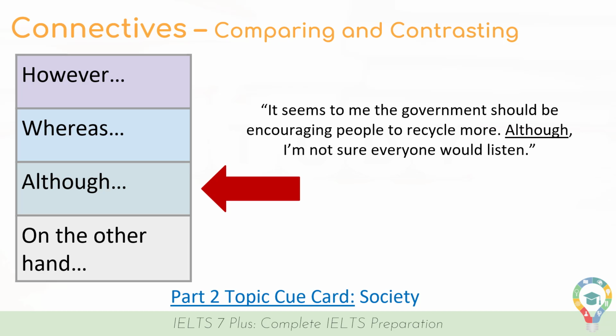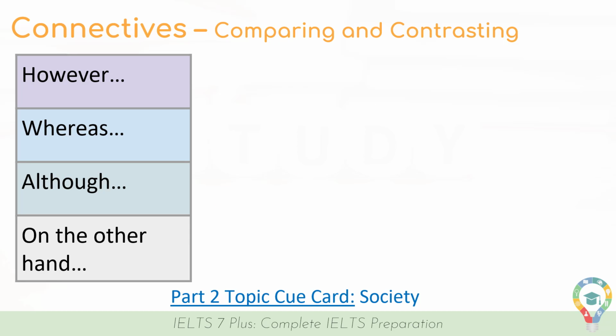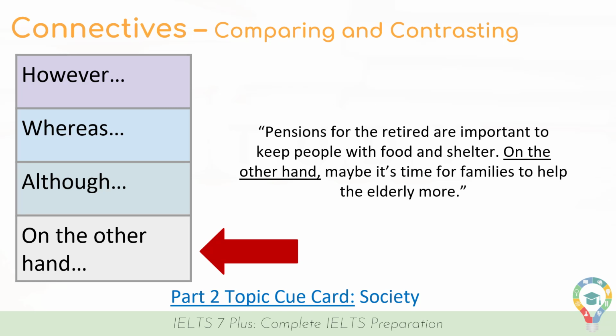It seems to me the government should be encouraging people to recycle more, although I'm not sure everyone would listen. Pensions for the retired are important to keep people with food and shelter. On the other hand, maybe it's time for families to help the elderly more.